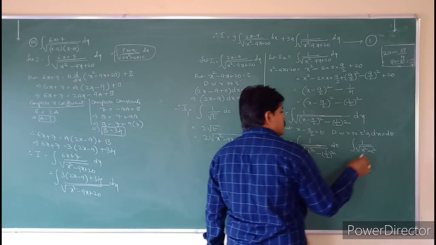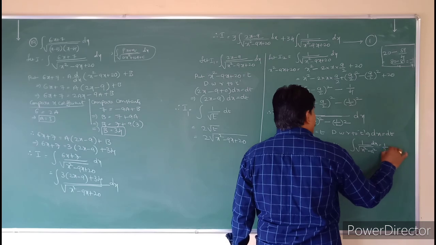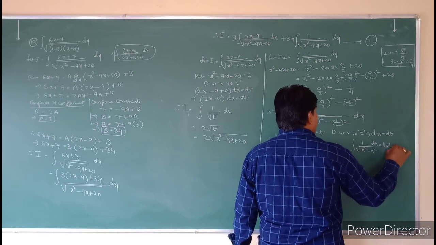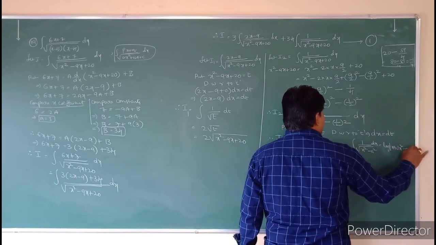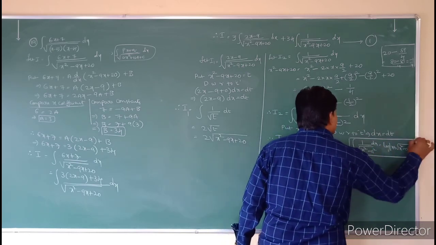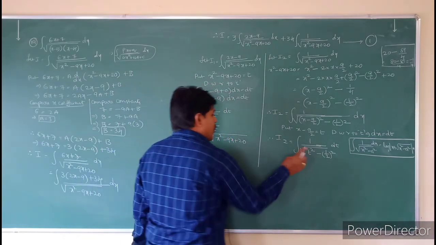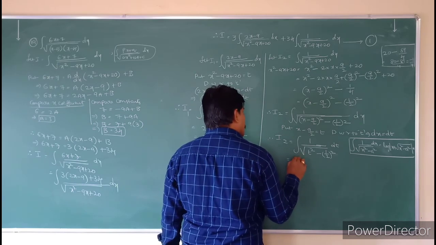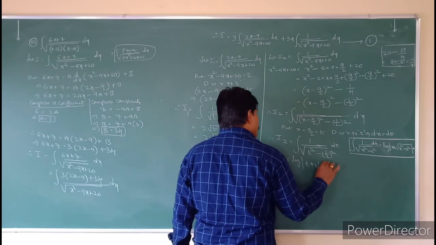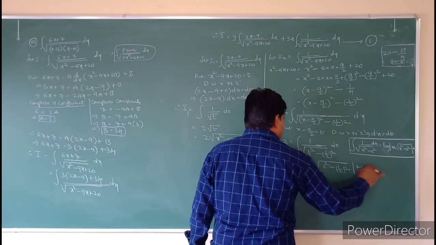Integral of 1 by root of x square minus a square formula is log mod x plus root of x square minus a square plus c. So here, this value is nothing but log mod t plus root of t square minus 1 by 2 whole square plus c.